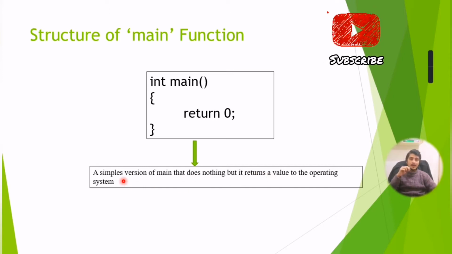As we have already discussed, there is a syntax, there are some protocols, rules and regulations we need to follow in order to ask the computer to perform a specific task for us, and we cannot change those things. For example, I always say that in English we have some grammatical rules.